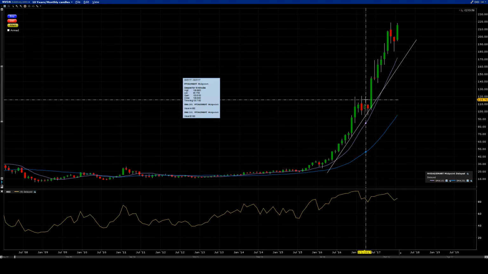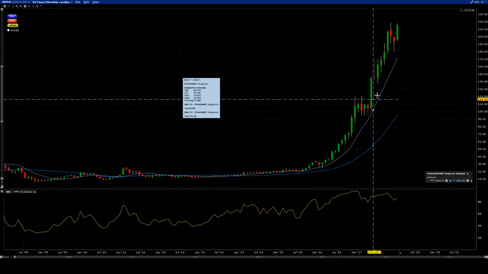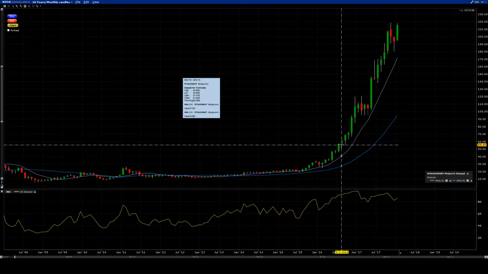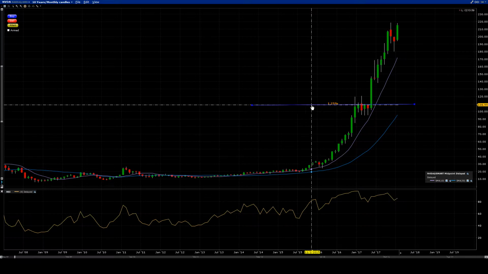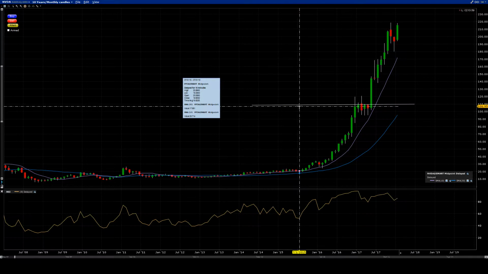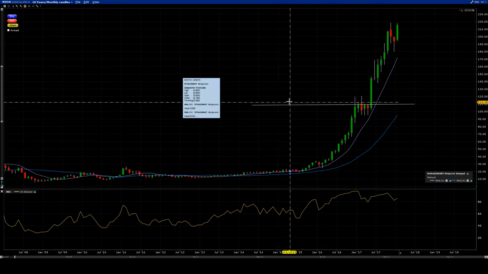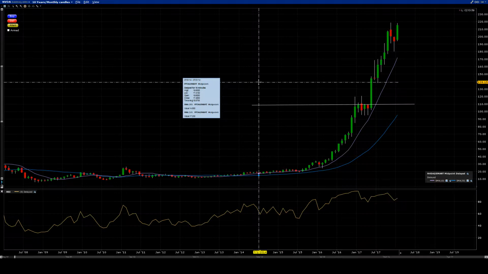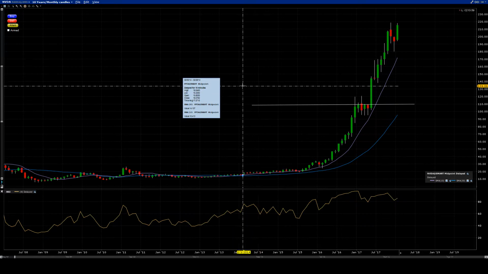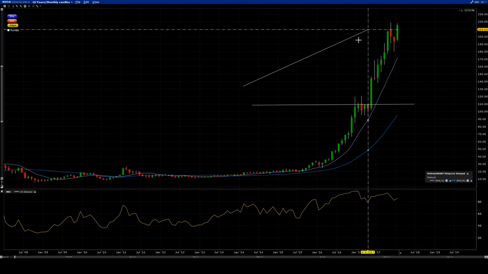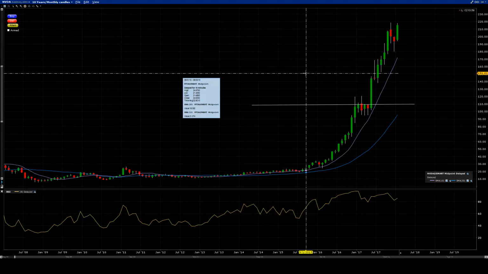The more horizontal the support and resistance lines are, the more probable they are to do what they have to do, and the steeper the line, the less strong it is.